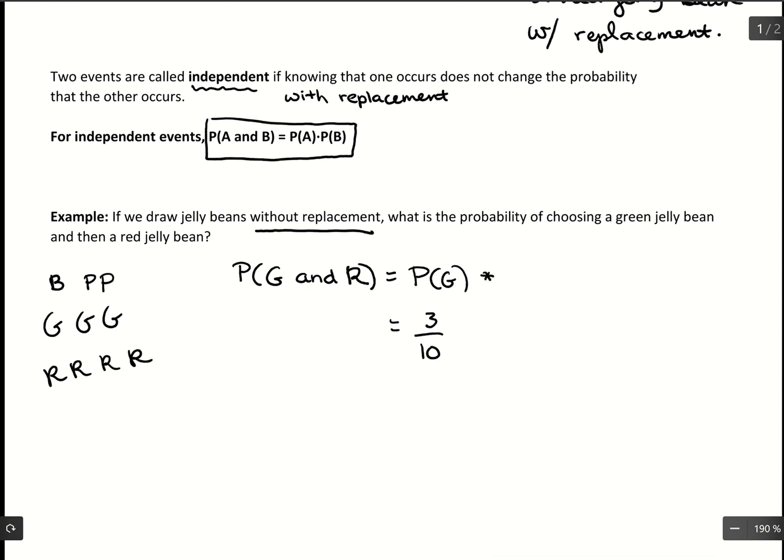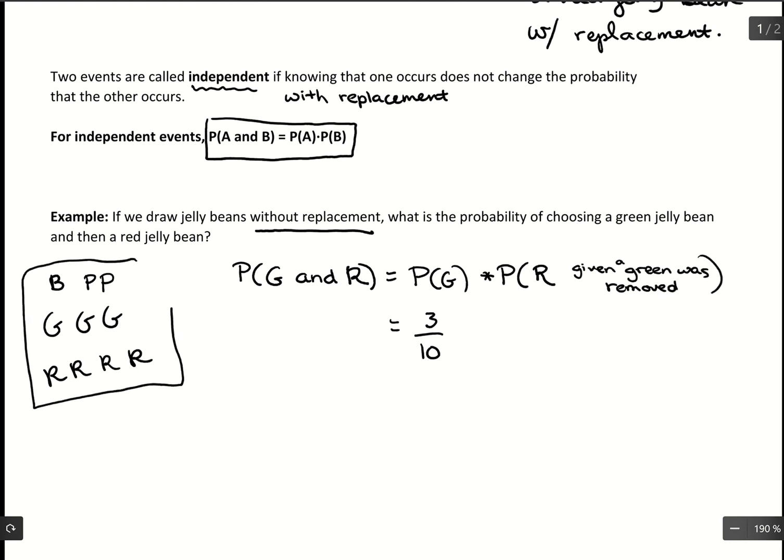But now we need to pay attention to our second event when we choose our second jelly bean. We want to find the probability of choosing a red jelly bean, but given a green jelly bean was removed. So if we think about this box or bag of jelly beans, and we have a blue, 2 purple, 3 green, 4 red, we choose our first jelly bean, and we take 1 green jelly bean out and we don't put it back.